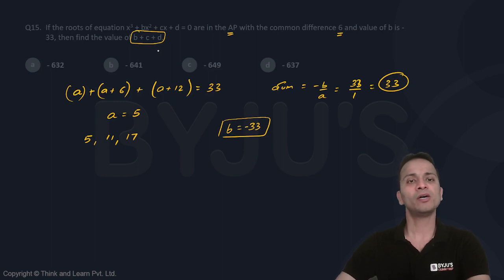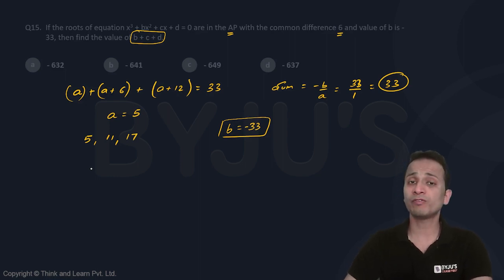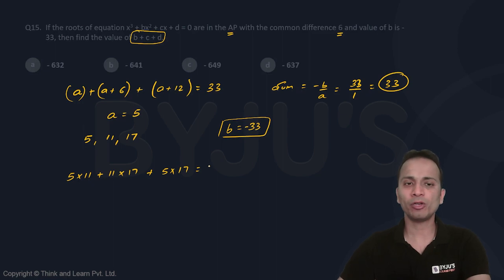Alright. Okay. So let us now look at the sum of the roots taking two roots at a time. So the sum of the roots taking two roots at a time will be 5 into 11 plus 11 into 17 plus 5 into 17. And that will be equal to c upon a.